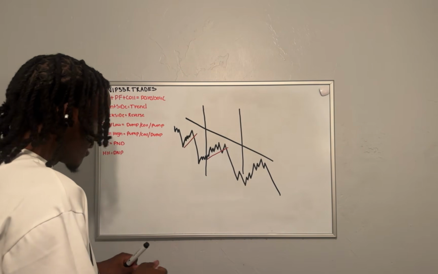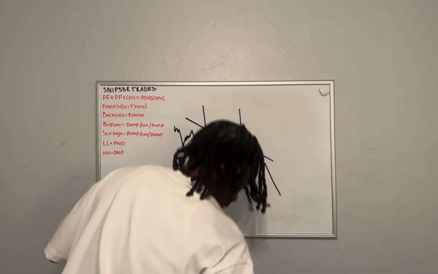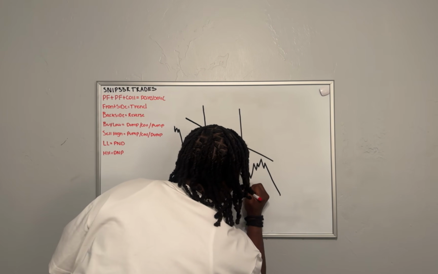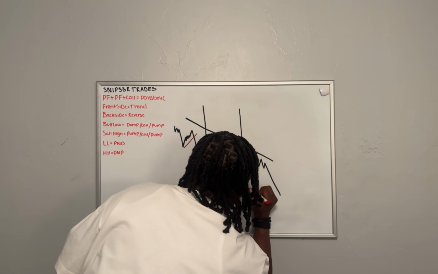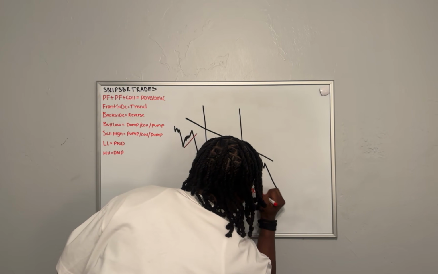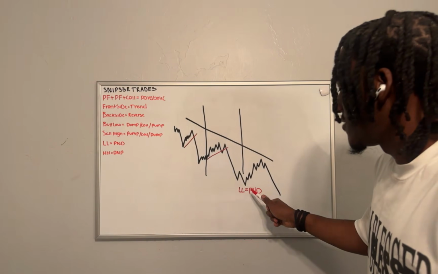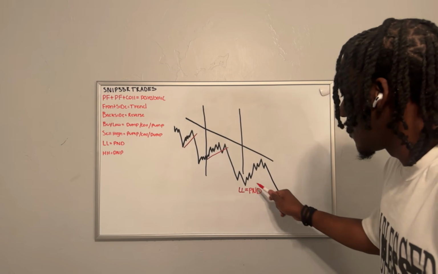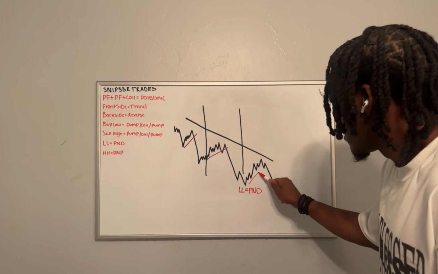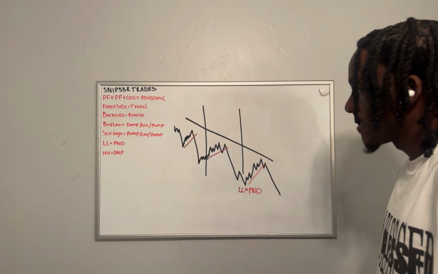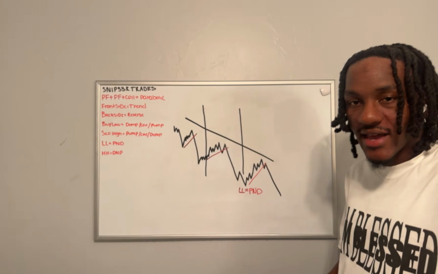Same here, they give us a lower low, which is the recipe for the pump and dump on the backside of the day.